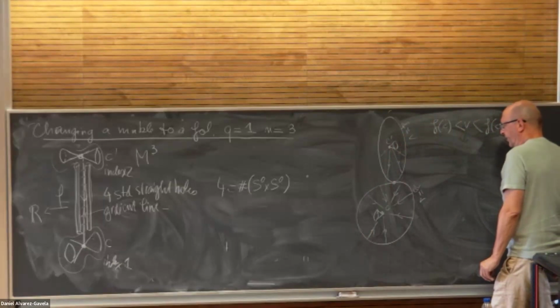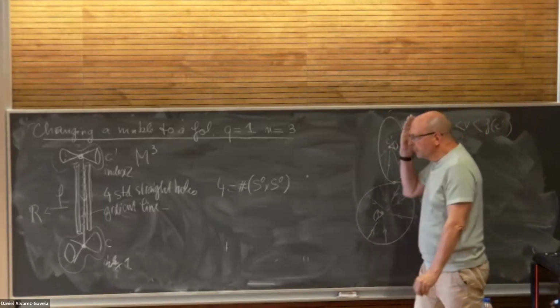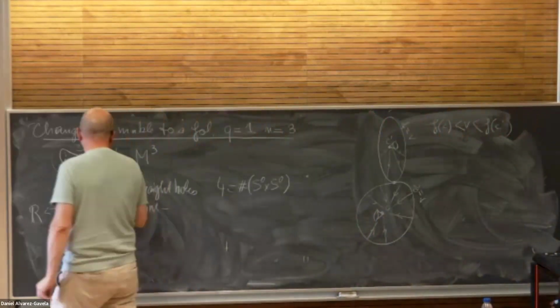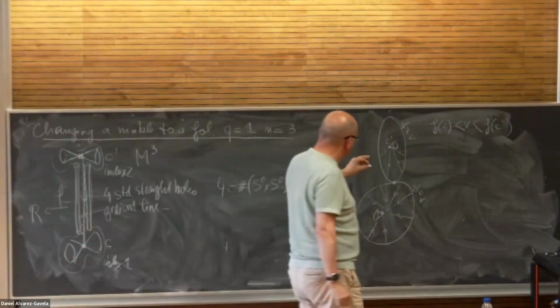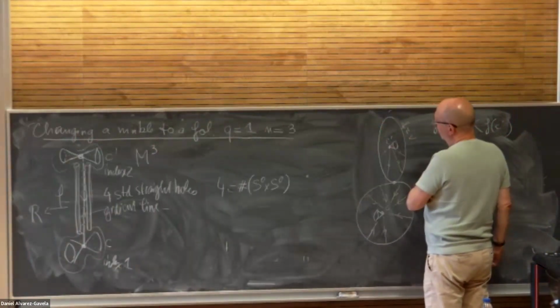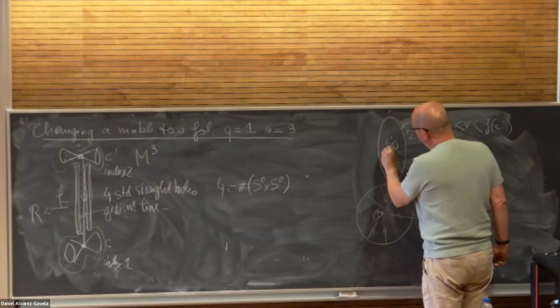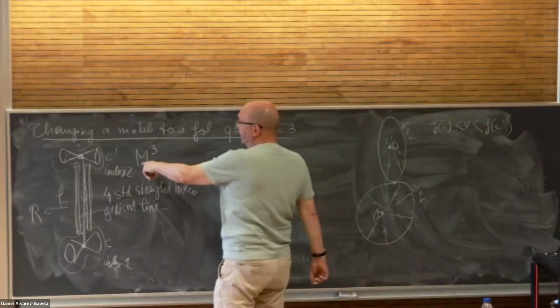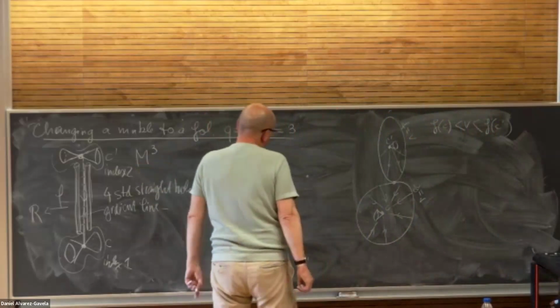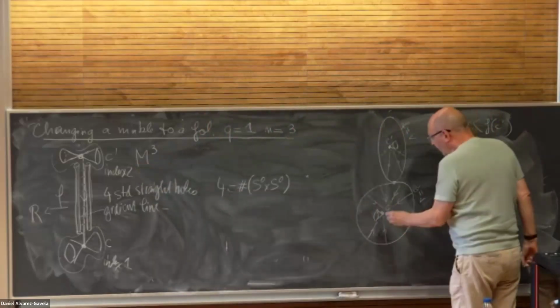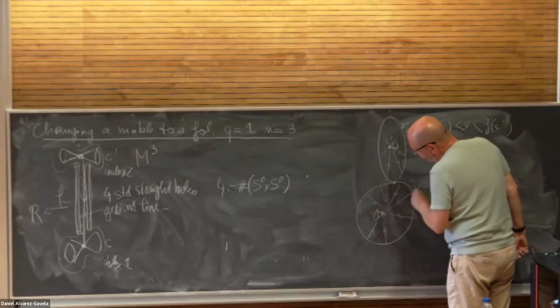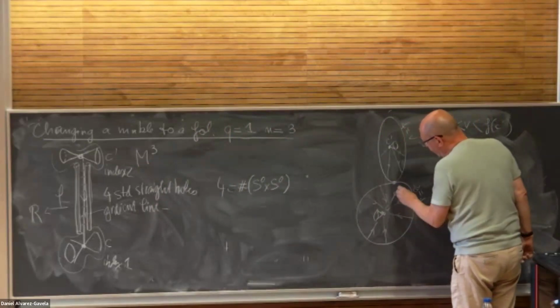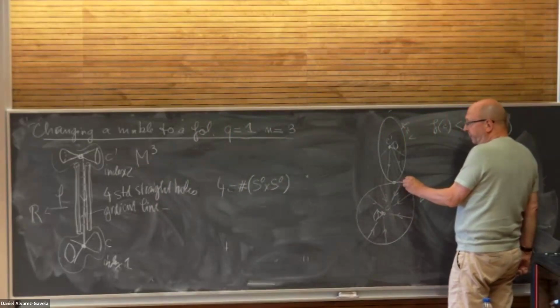And the lemma is: assume that this can be done. That is, all the gradient lines from C prime go to the level v, which is not obvious, especially if M is open. And assume that all the gradient lines converging to C also come from the level v.